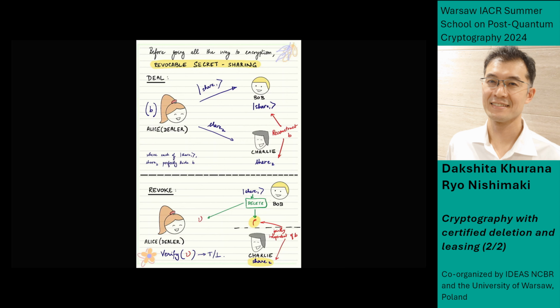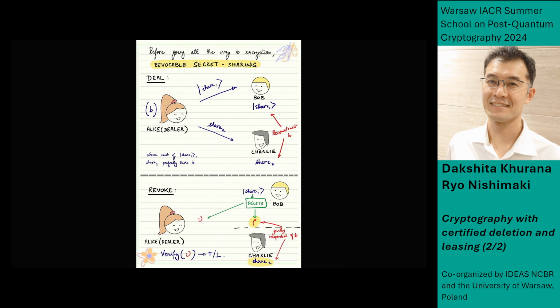We consider Alice as a dealer, and Bob and Charlie receive secret shares from this dealer, Alice. Alice wants to share secret B by using this revocable secret sharing scheme. Alice generates a quantum share, share 1, from secret B, and she also generates classical share information, share 2.